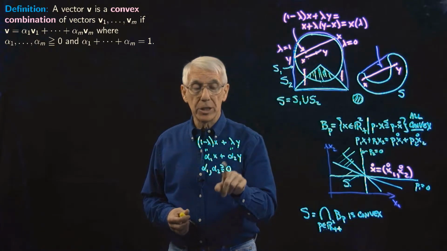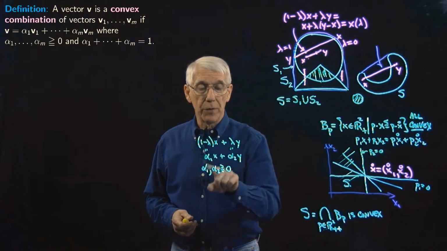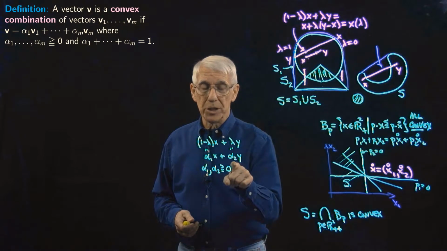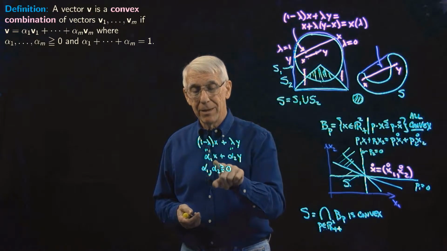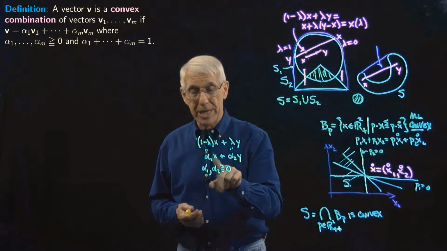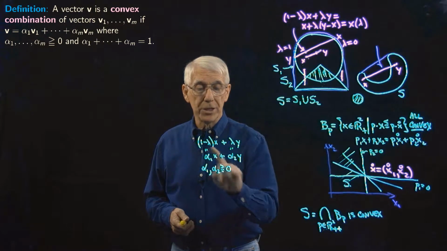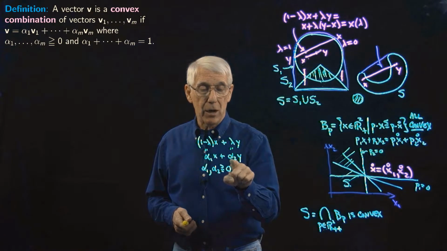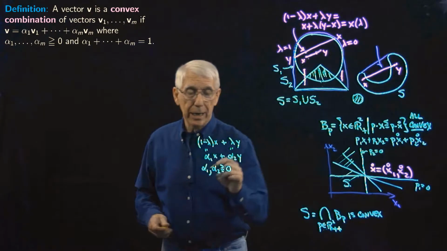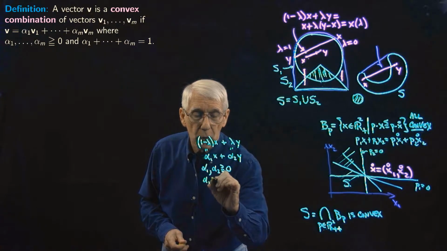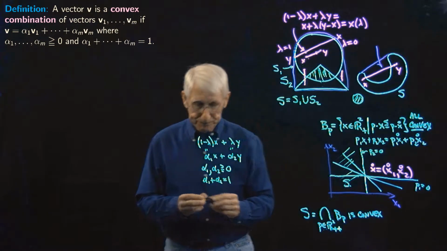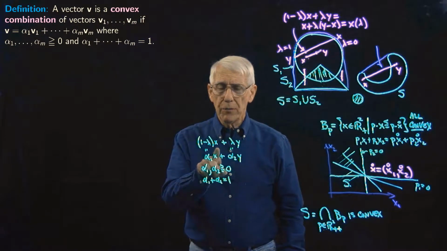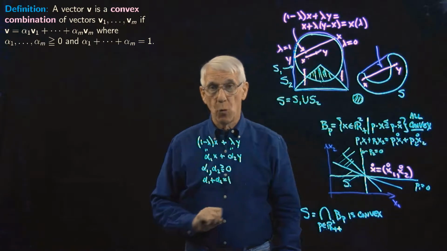And what we're going to do here is include the 0 coefficients, because if alpha 2 is 0, I'm at x. And in the definition of a convex set, the x that we start with is in the set. Same thing, if alpha 1 is 0, we're talking about alpha 2 times y. And I left out one more thing here, and that is that alpha 1 plus alpha 2 have to add up to 1.